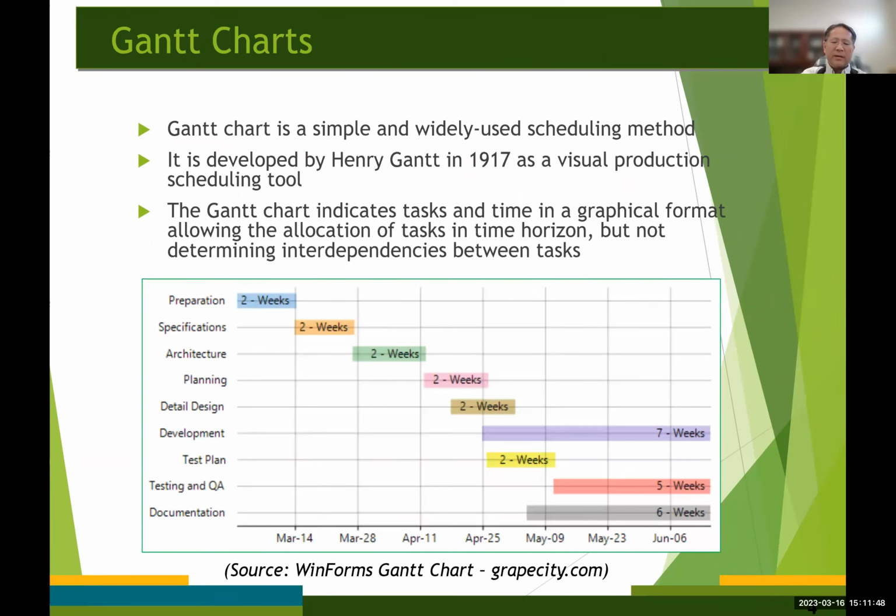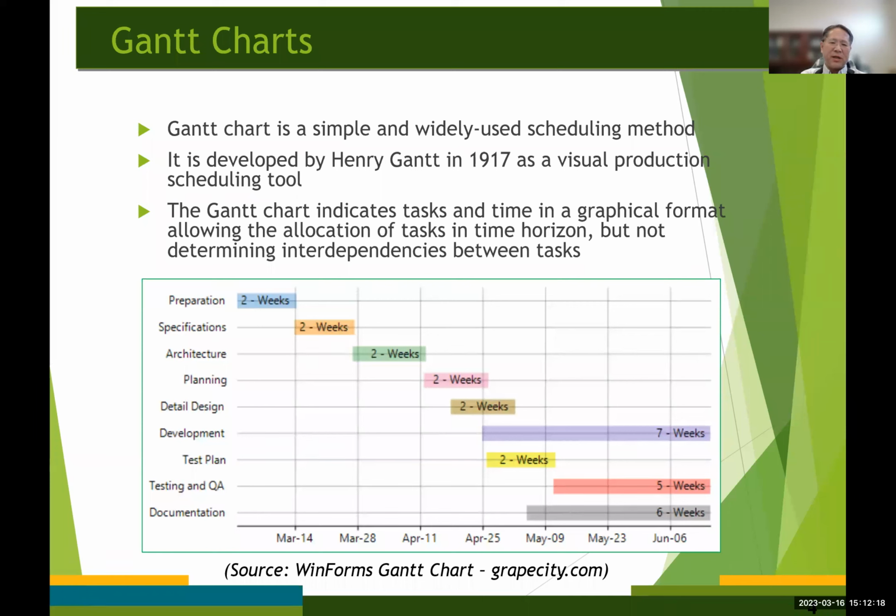Okay. So before we talk about the activity on arc network model, which has been widely used for CPM, the critical path method, that we are going to talk about in a bit, let me give you some background information about the Gantt chart and CPM/PERT just briefly, okay?